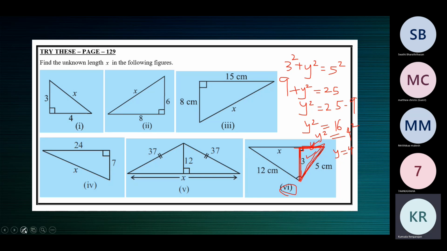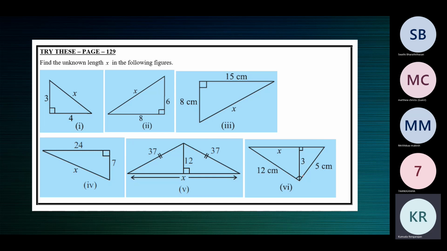Now let's take the whole right triangle. Can we see the right angle marked here, children? So that means the whole triangle is also a right triangle. That is this full thing.